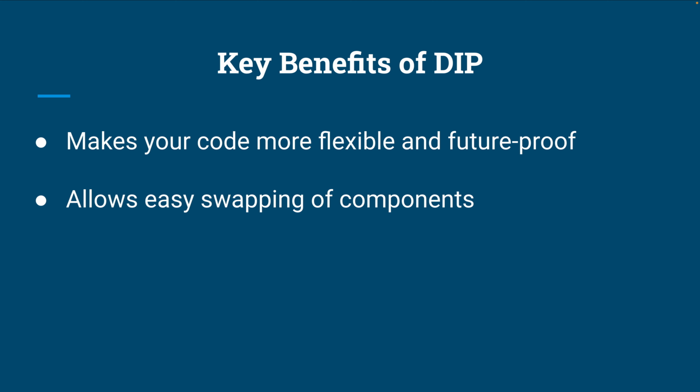No problem. As long as it follows the interface, your main logic doesn't need to change. And finally, it makes testing way easier. You can inject fake or test versions of your data source without touching your real logic. No hacks, no rewrites, just clean testable code.